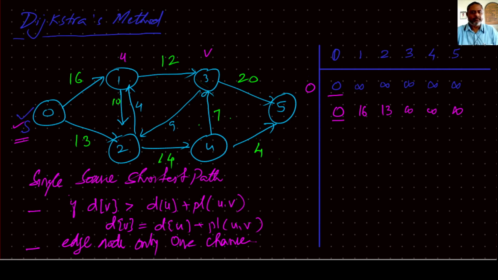Maybe via some other nodes they may get connected, but directly from 0 there is no connection. So 0's work is over.